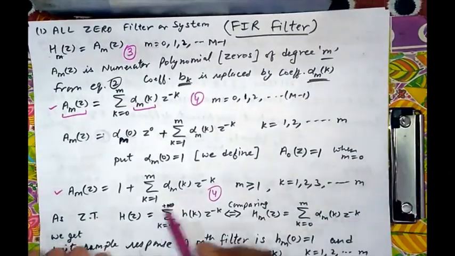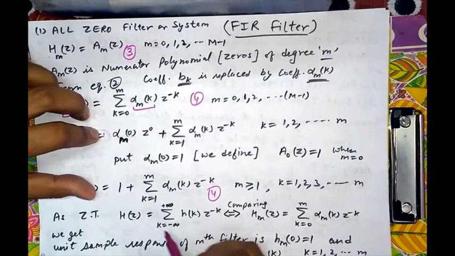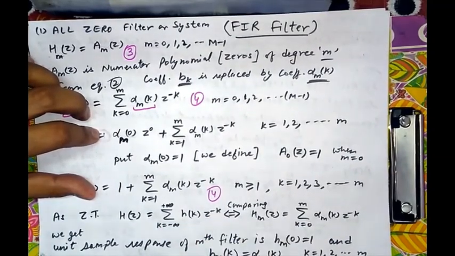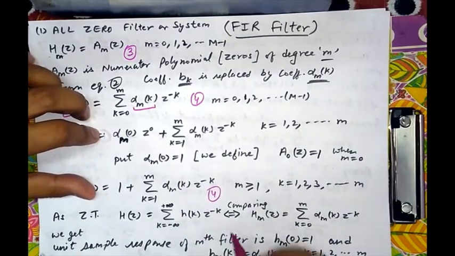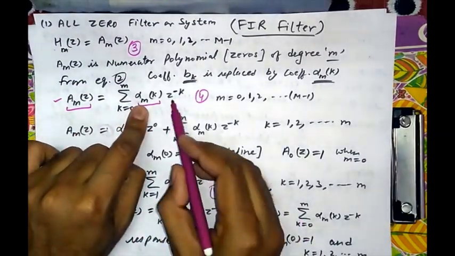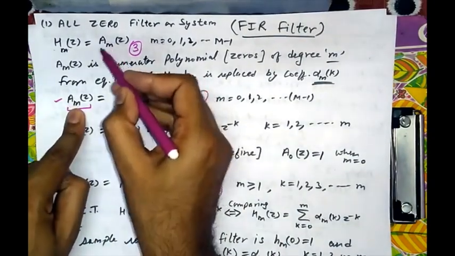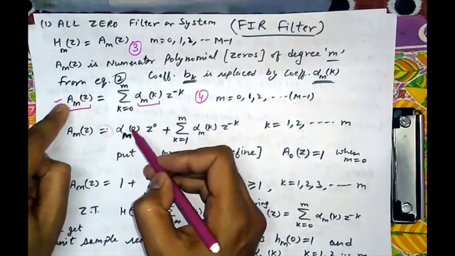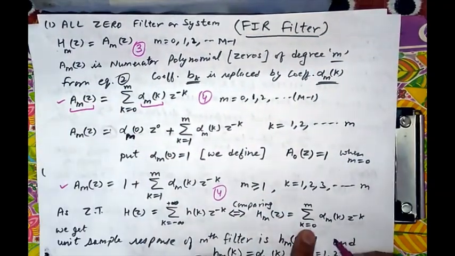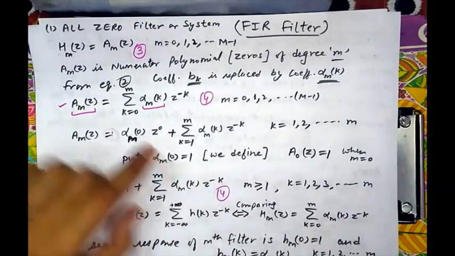Now the general z transform expression is H(z) equal to the summation from minus infinity to infinity of h(k) z raised to power minus k. Comparing this expression with alpha_m(k) z raised to power minus k, k varies from 0 to m, equal to H_m(z), and A_m(z) is equal to H_m(z). So obviously H_m(z) is equal to the summation k 0 to m of alpha_m(k) z raised to power minus k, from equation number 4.